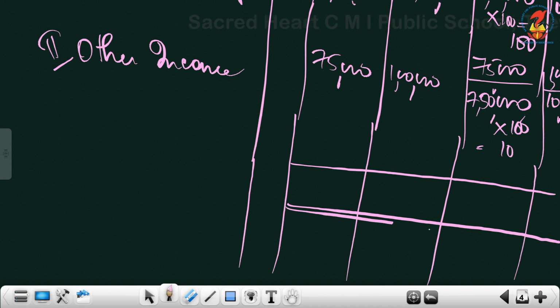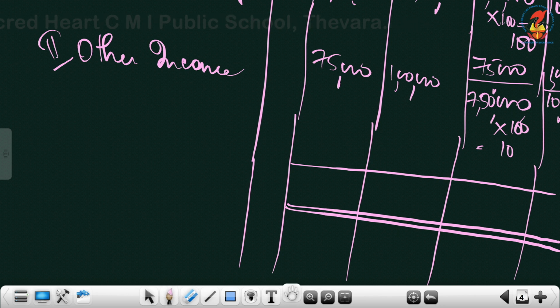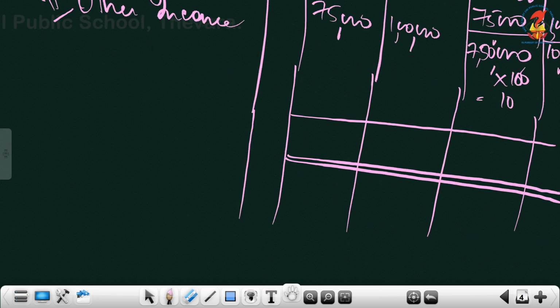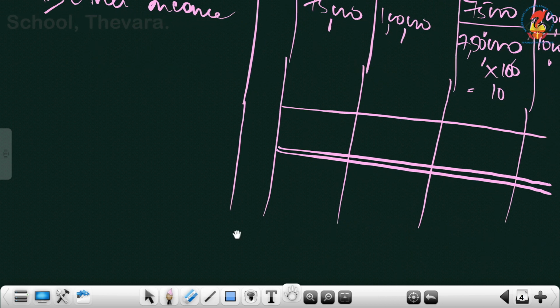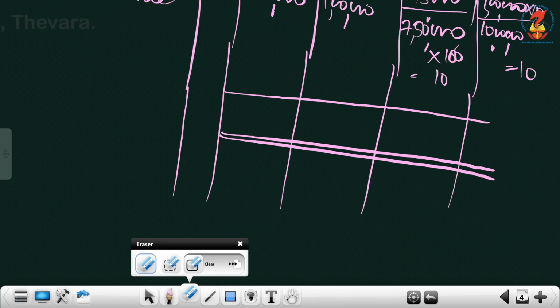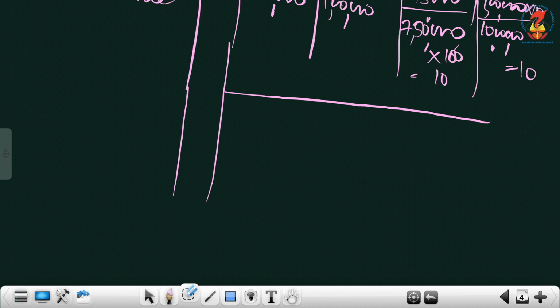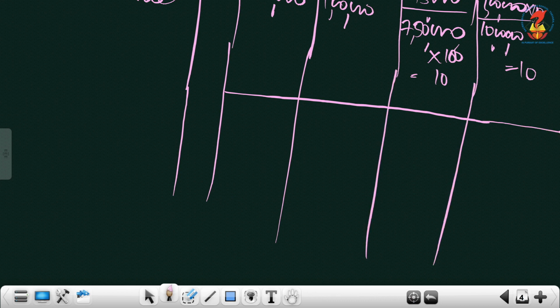Sorry, for total revenues you just put a single line. Only for the profit, only for the final figure you need to double line. This total revenue you just give a single line.